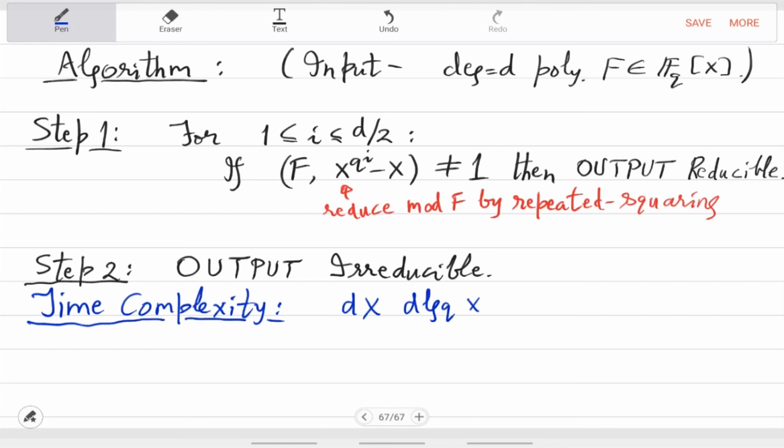And for every squaring, that is a single multiplication operation, right? Mod, yeah, modulo this polynomial of degree d and also the finite field calculations. So actually we can separate the finite field calculations. We can just say O tilde d many finite field operations.